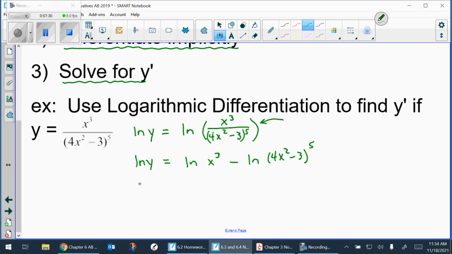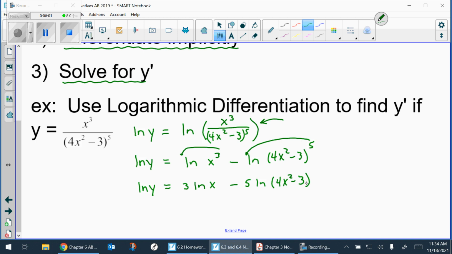I'm even going to go a step further and say the natural log of y is equal to, what am I allowed to do with this exponent? 3 natural log of x. Minus, what am I allowed to do with this exponent? 5 natural log of 4x squared minus 3.